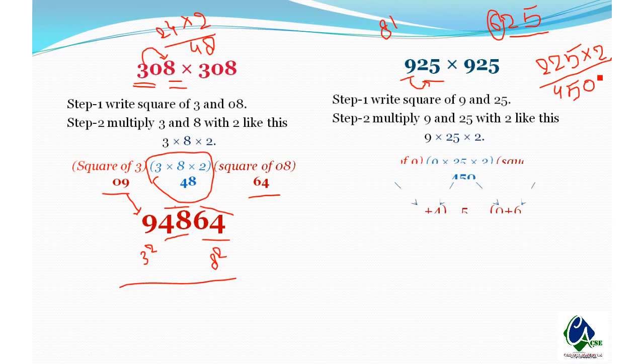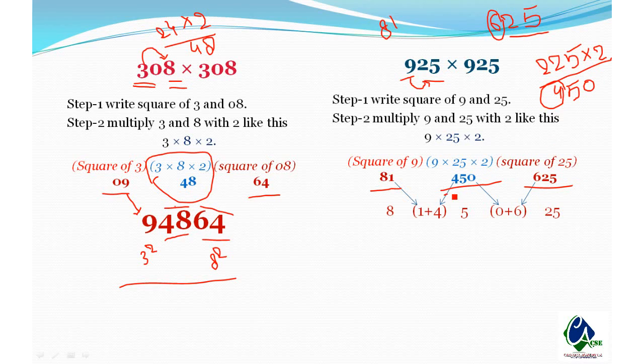See this, 81, 450, 625. Here this 4 will be used as a carry, and add this to 1 and this 0 with 6 as shown here, and you get your square, that is 8, 1 plus 4 is 5, 5, 0 plus 6 is 6, and 25.